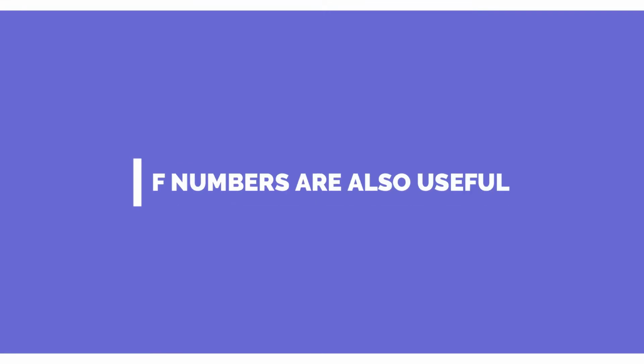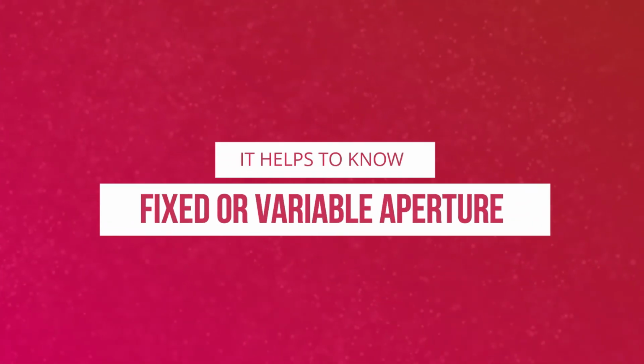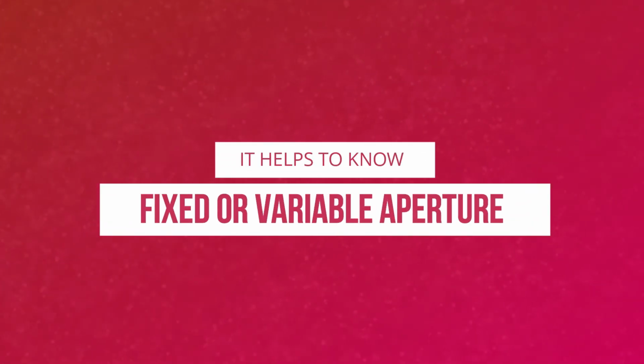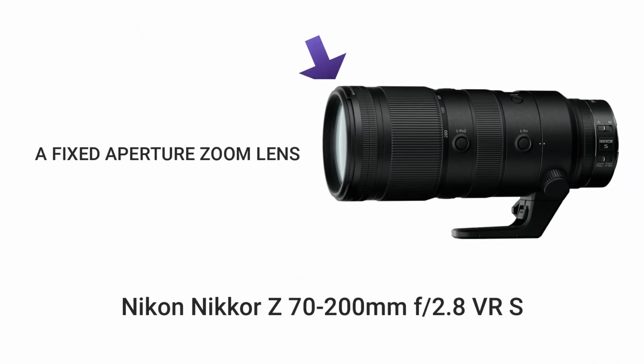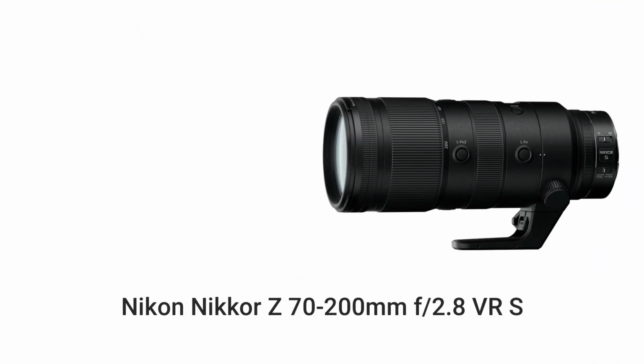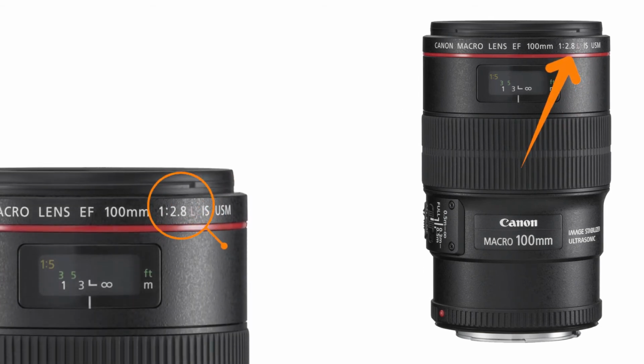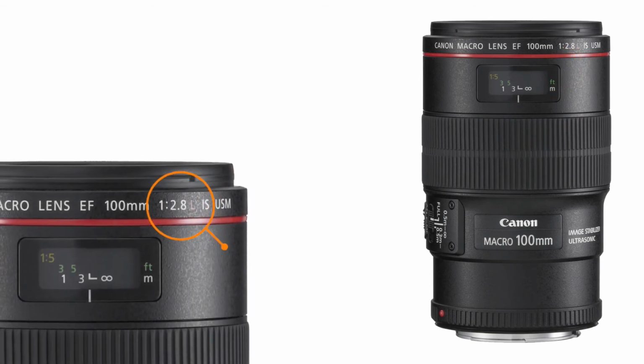Additionally, using the f-numbers, you can speculate two other vital aspects of the camera lens. The first one is whether the functional aperture of the lens is fixed throughout the entire zoom range of the lens or not, and the second one is the maximum aperture size and range your camera lens is capable of providing.